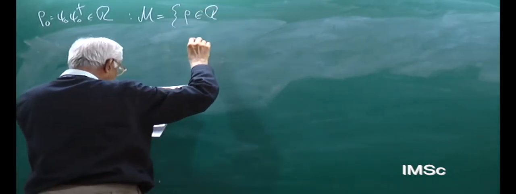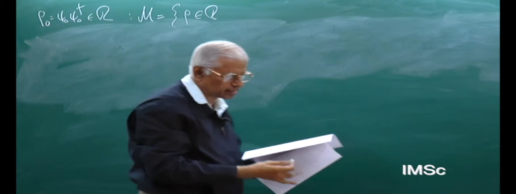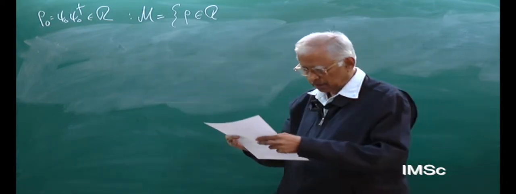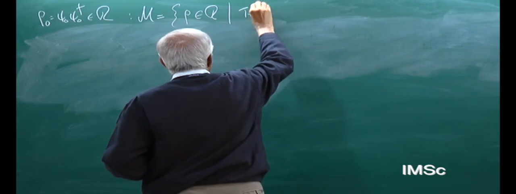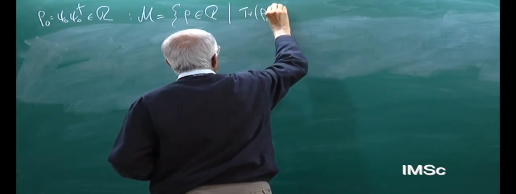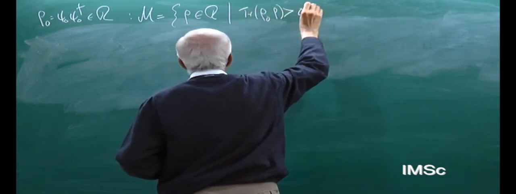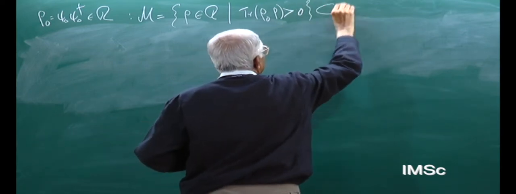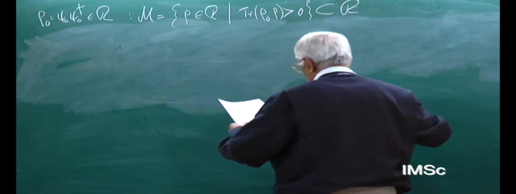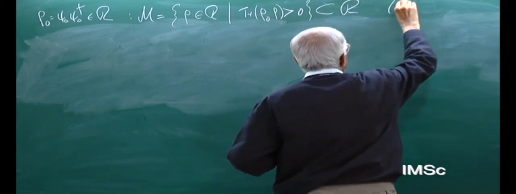It is all those points in ray space with the property that they are not orthogonal to rho 0. This is the definition of this neighborhood.